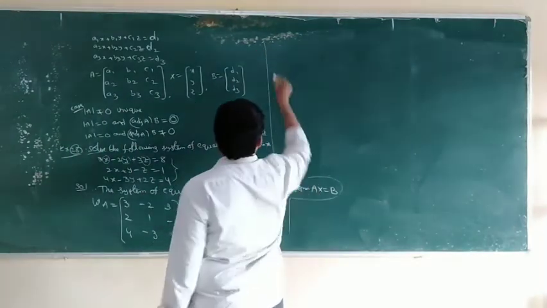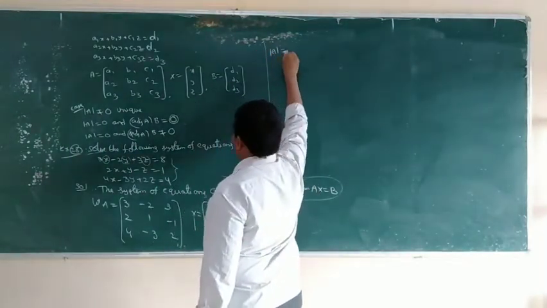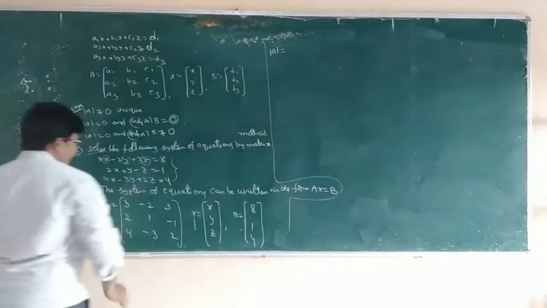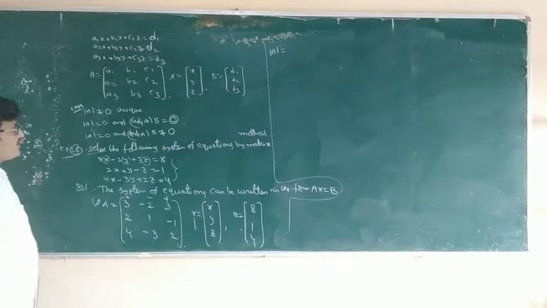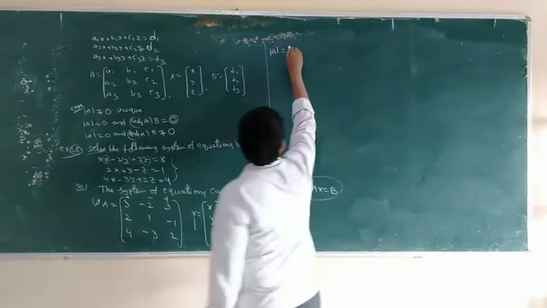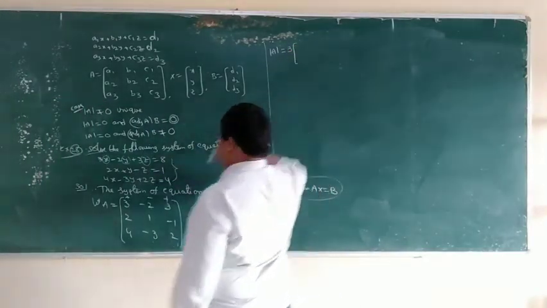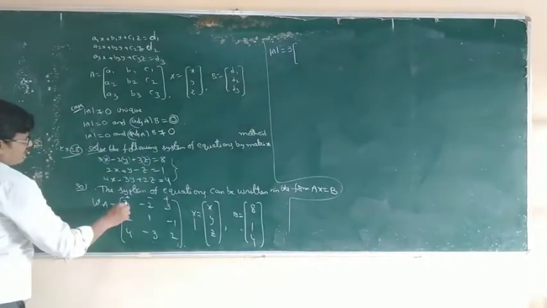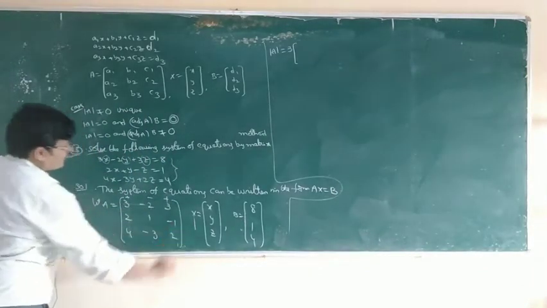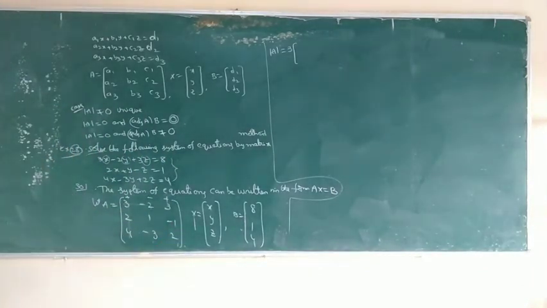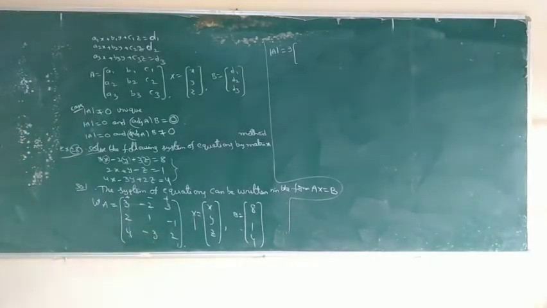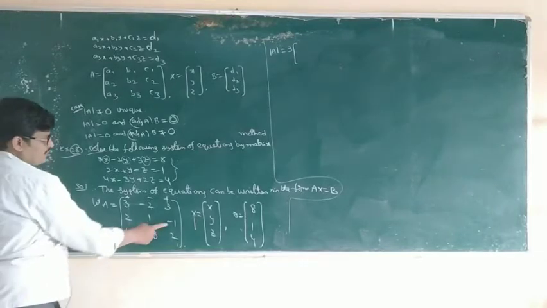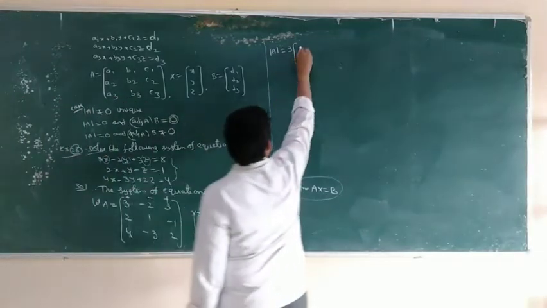First of all, you have to calculate the determinant of A. How to find the determinant of A? This is the expanding method: plus, minus, plus. Next, 3 into... delete the corresponding row and column. So 2 into 1, 2 minus 3 into minus 1, which is 2 minus 3.